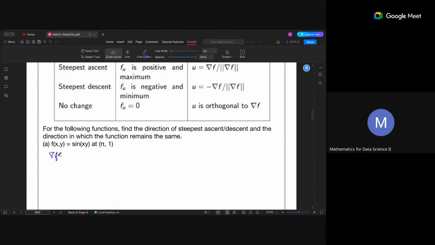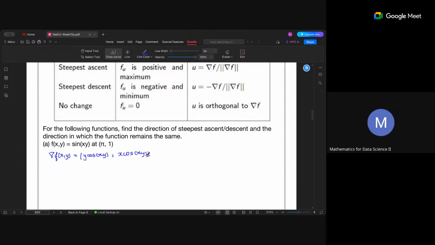What is del f for this function? Partial differentiation with respect to x will be y cos xy. Yes, y cos xy, comma, x cos xy.